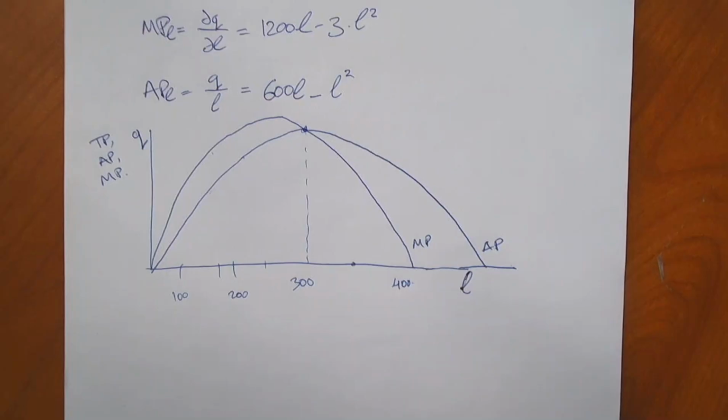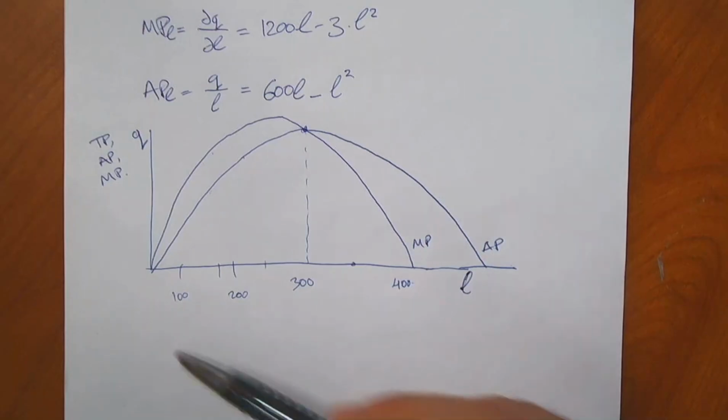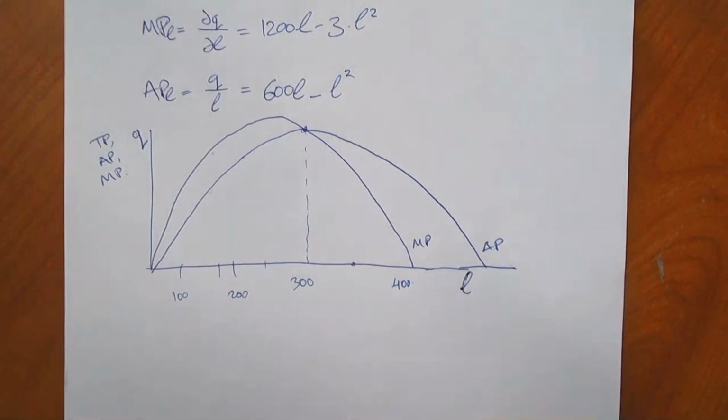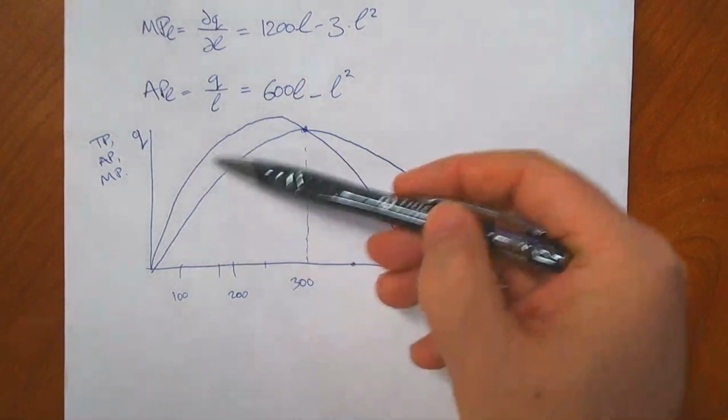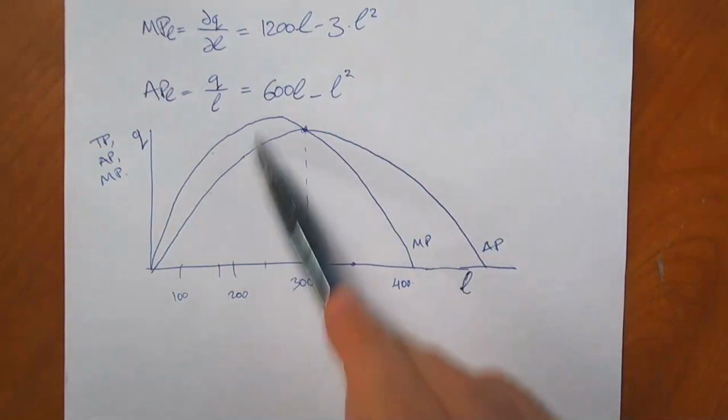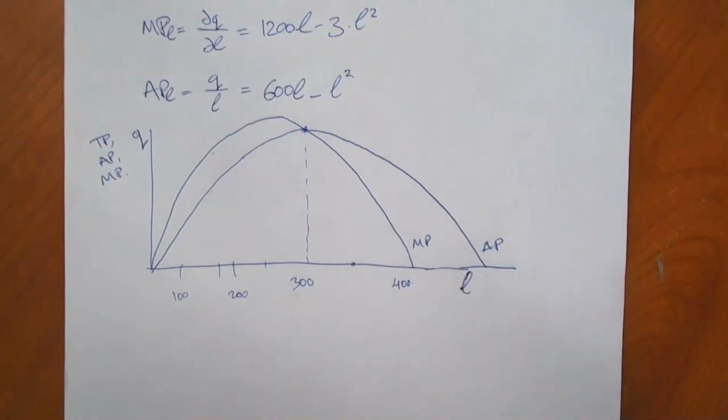Does that make sense? The equivalent of getting a better grade in a semester, in a course, and that increasing your grade point average, right? If on the margin, the additional course is higher than your grade point average, it is going to go up. Same thing here. If the marginal product is above the average product, as the curve shows here, then that's going to be pulling the average product up.